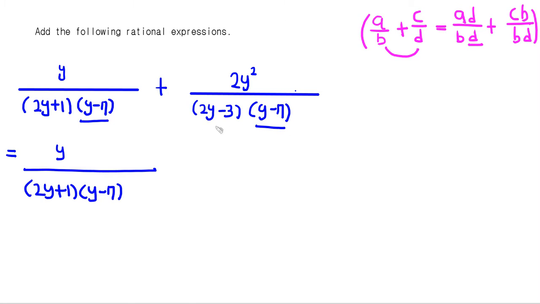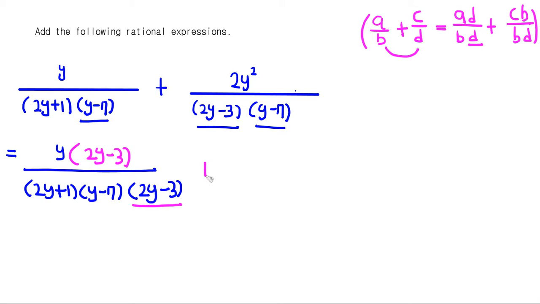So we can multiply 2y minus 3 into this expression, and we can multiply 2y plus 1 into the other expression. So the denominator is (2y plus 1)(y minus 7)(2y minus 3). Since we multiplied 2y minus 3 in the denominator, we also need to multiply 2y minus 3 in the numerator.